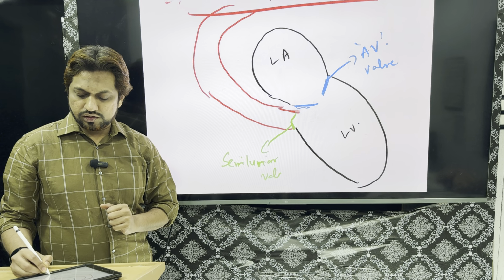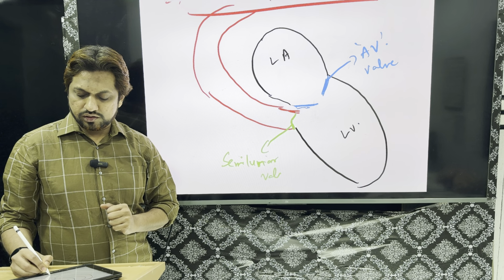Now this D and E period is the slow ejection period and the end of the ventricular systole. This is ventricular systole, 0.3 second. So D and E is the next phase, that is the slow ejection period.